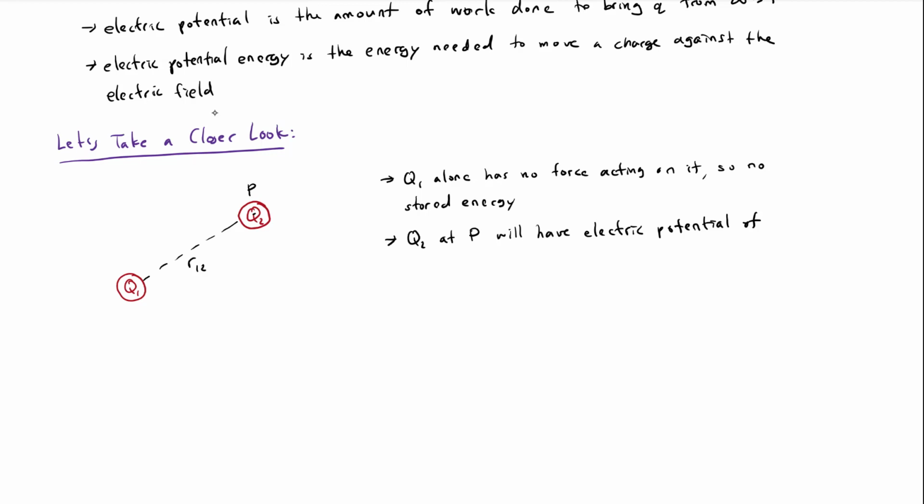We know it's going to be K Q1 over R12. So in other words, I can call this the work I have to do to bring a +1 coulomb charge to my point P.